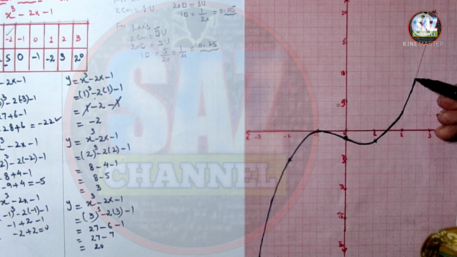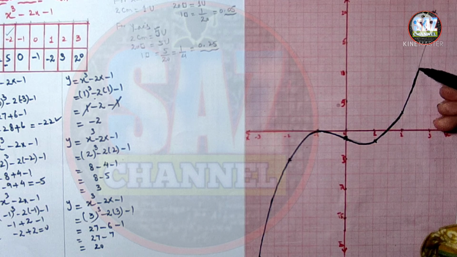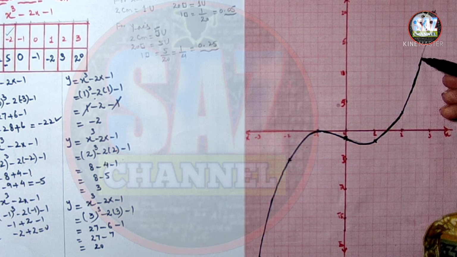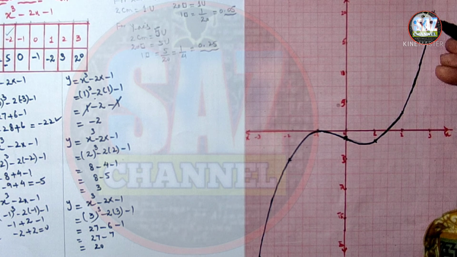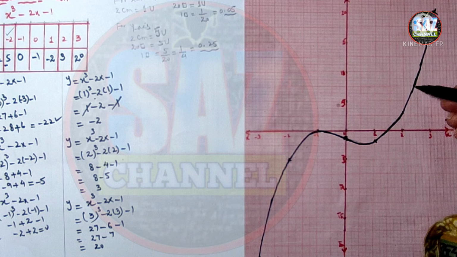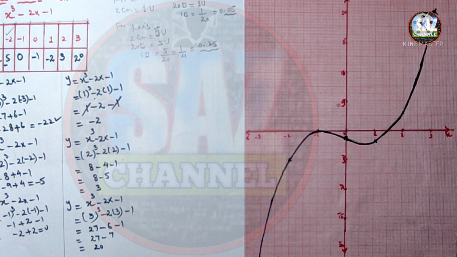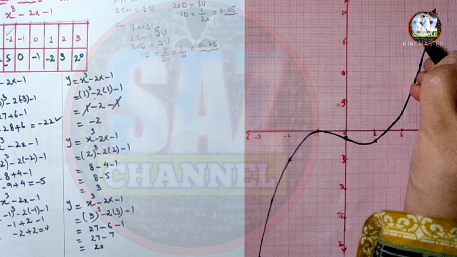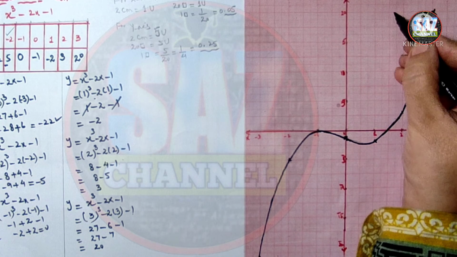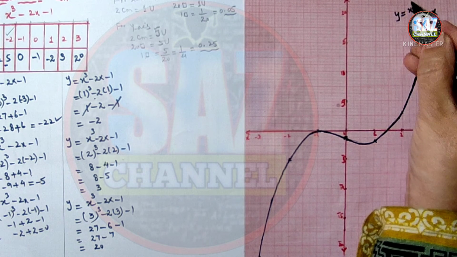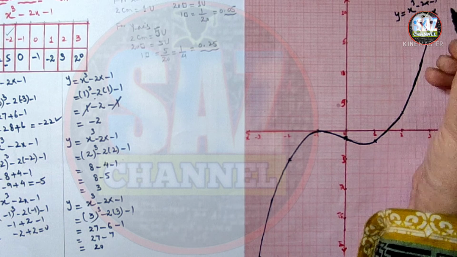And secondly, we have to go really slow for joining the points, because there must be no fluctuations at all, since slight fluctuations will affect our answers. I hope we are getting the curve, and it's time to label the curve: y equals x cubed minus 2x minus 1.